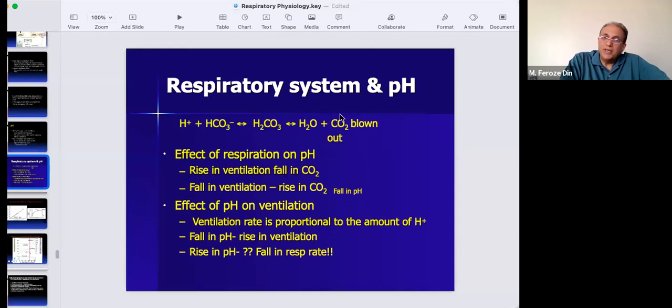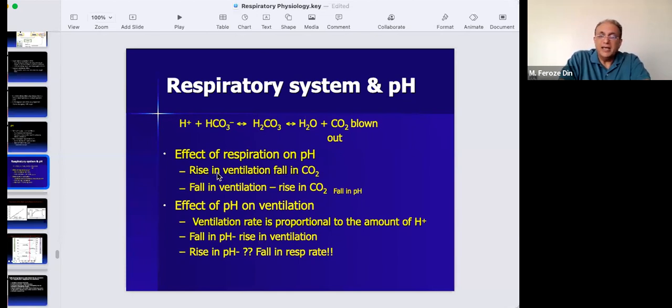If carbon dioxide rises, the reaction will be forced to the left, causing a rise in the amount of H plus ion, thereby a fall in the pH. So we can always look at the relationship of pH and respiration in the following manner. The effect of respiration on pH is that a rise in ventilation results in a fall in carbon dioxide, thereby causing a rise in pH.